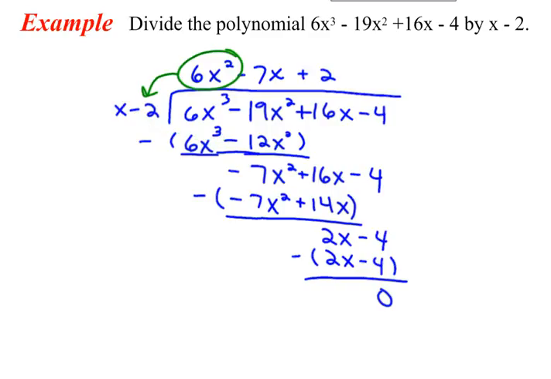And then, just like with the long division with the numbers that we did in the other examples, we subtract. That's the next step. So, we do 6x cubed minus 6x cubed, which is 0, right? And we do negative 19x squared minus a negative 12x squared, which we know is the same thing as negative 19x squared plus 12x squared.